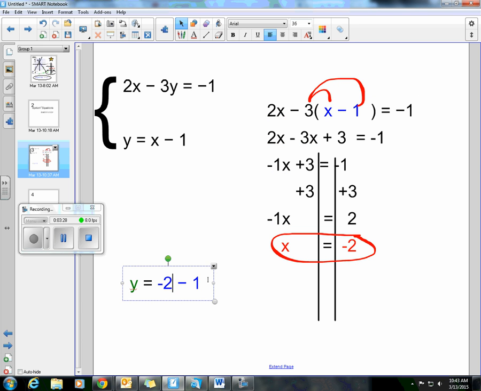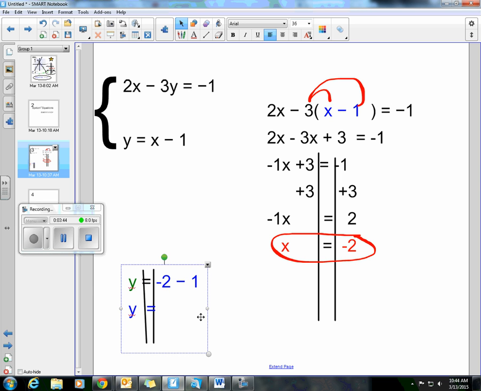Negative 2. So let's do the math. What is negative 2 take away 1? That should give us y. Negative 2 take away 1 is negative 3.